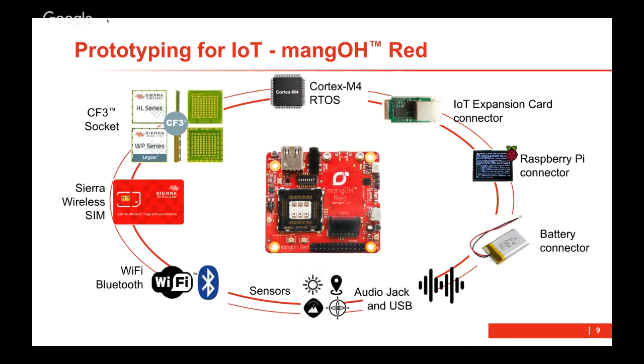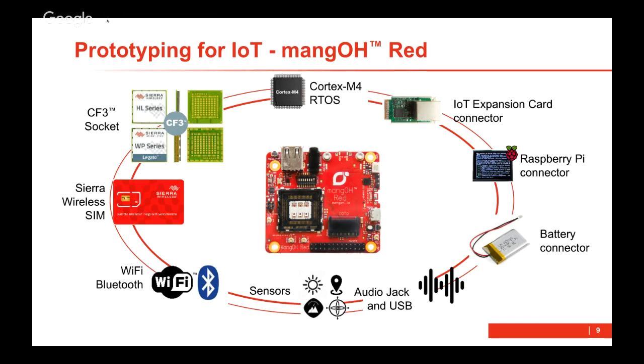Today in the market, you'll find IoT cards like a CAN bus IoT card, a Wi-Fi, Bluetooth IoT card. You will find Ethernet, RS-232, RS-485, LoRa, Sigfox. So there's a bunch of IoT cards that are available in the market today that you can use to go build your platform.